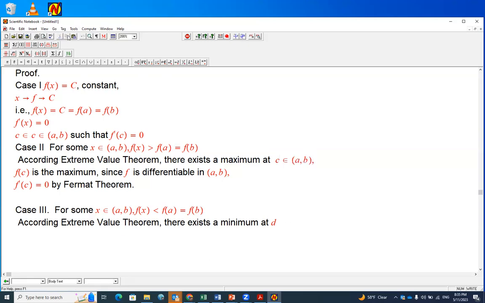It has to be inside because the minimum is smaller than the values of the function at the endpoints. So f of D is the minimum.